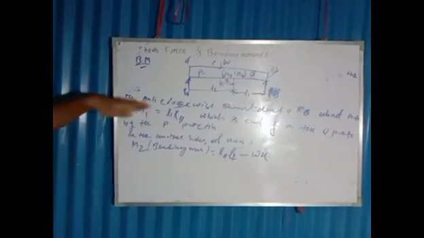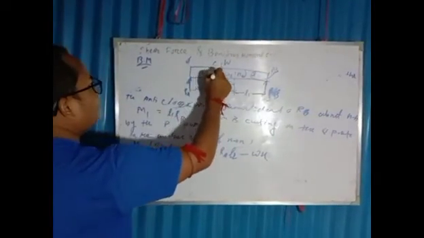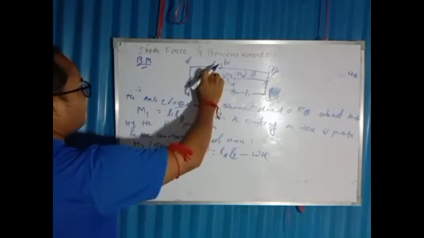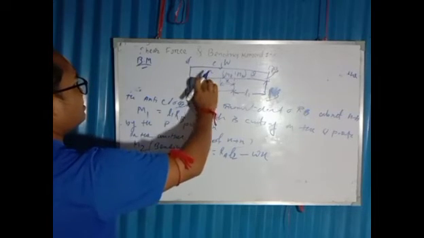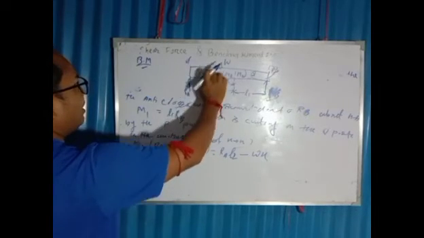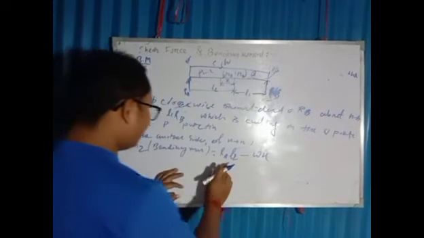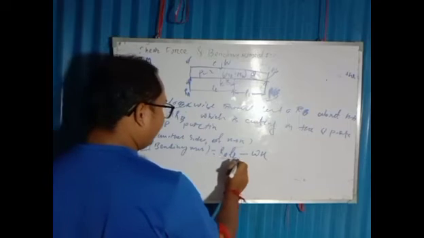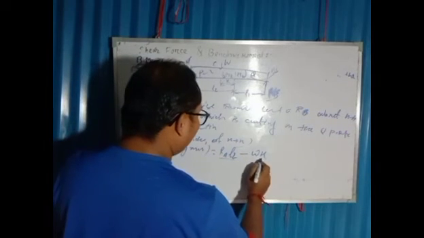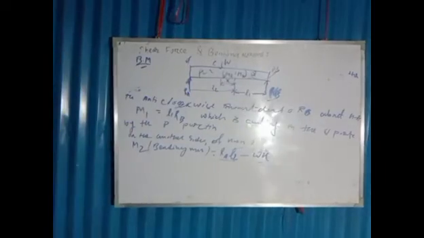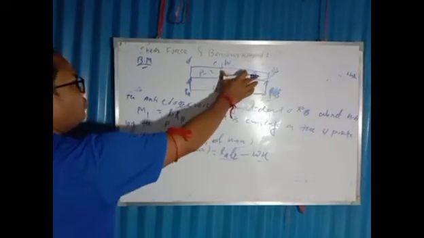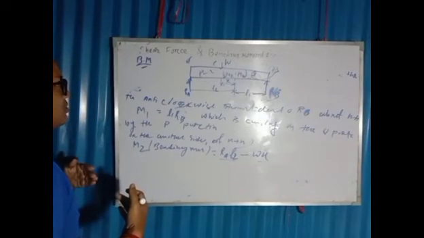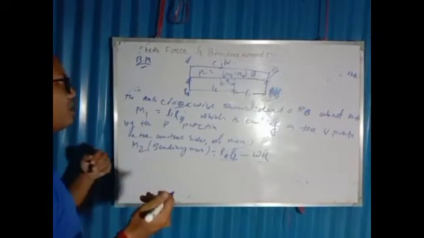On the other hand, on the P portion, the forces applied are RA and W. The moment is RA into L2 minus W into X. So if the two portions Q and P are in equilibrium, that means M1 equals M2.